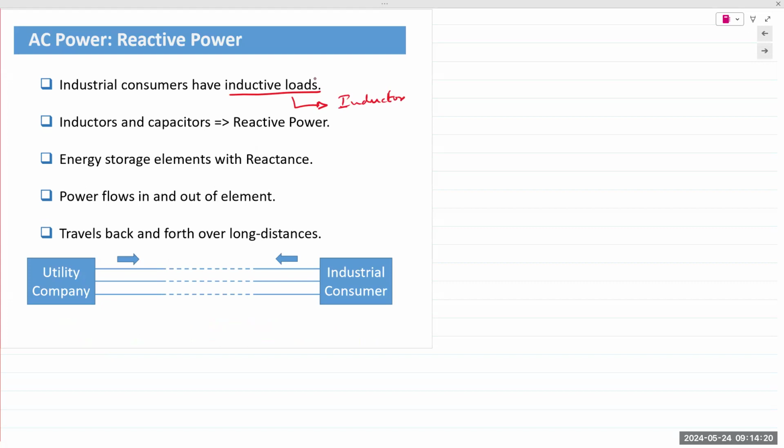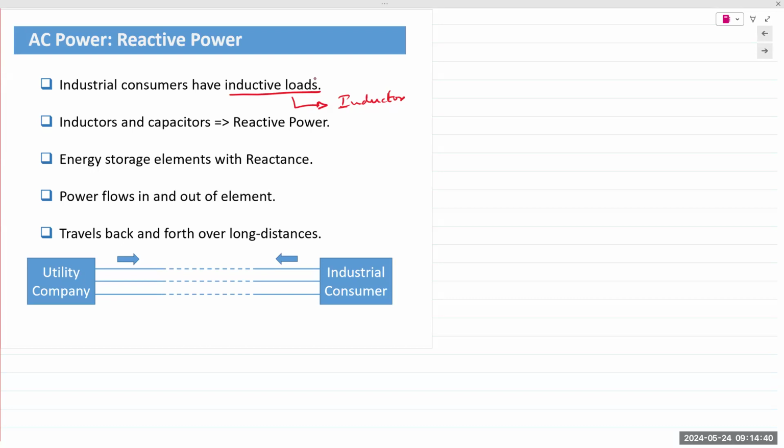Inductors and capacitors have reactance, right? Reactance is not a figment of anybody's imagination. Again, repeating the obvious, it is represented mathematically by an imaginary number, but it has a physical basis in real life. The reactance has to do with the stored energy in the fields, the magnetic field and the electric field.